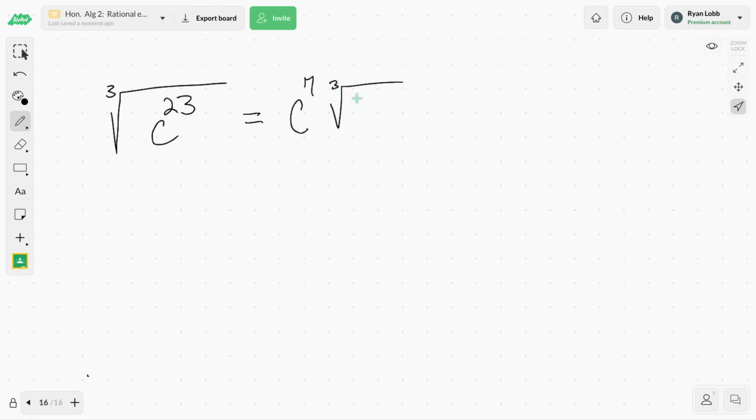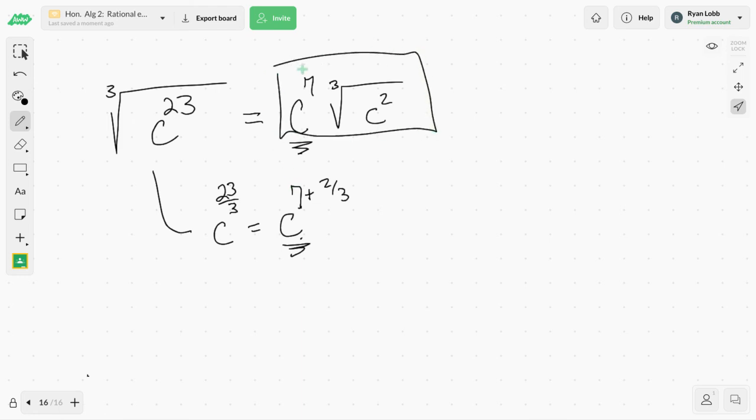A cube root of c squared. Right? Because this becomes c to the 23 over 3. And if I write it as a mixed number, I have c to the 7 and 2/3. And here's c to the 7th, right there. And then c to the 2/3, which would be the cube root of c squared. All right, so that one's done.